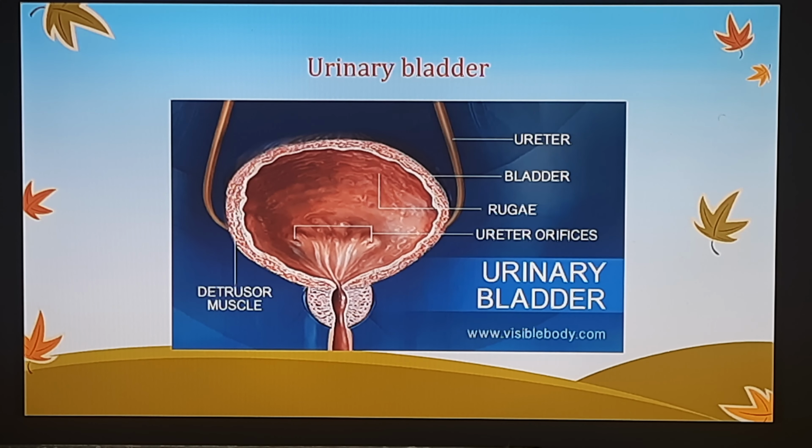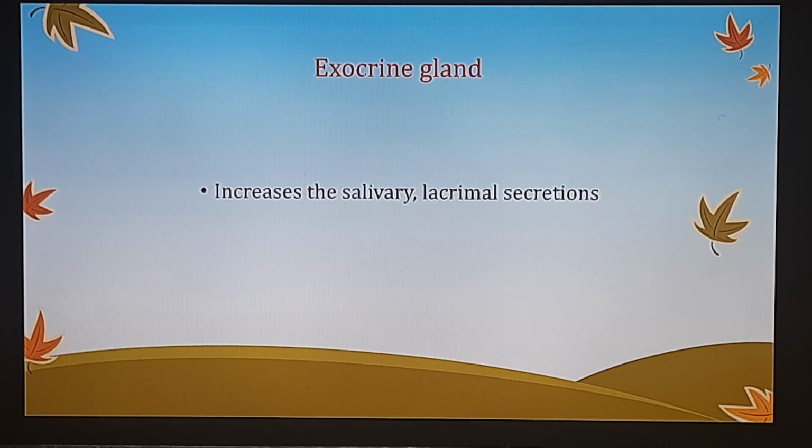So what will it do? It will contract and urine will get passed out, so the urine outflow will increase. So the detrusor muscle of our urinary bladder has a very important receptor, the M3 muscarinic receptor.